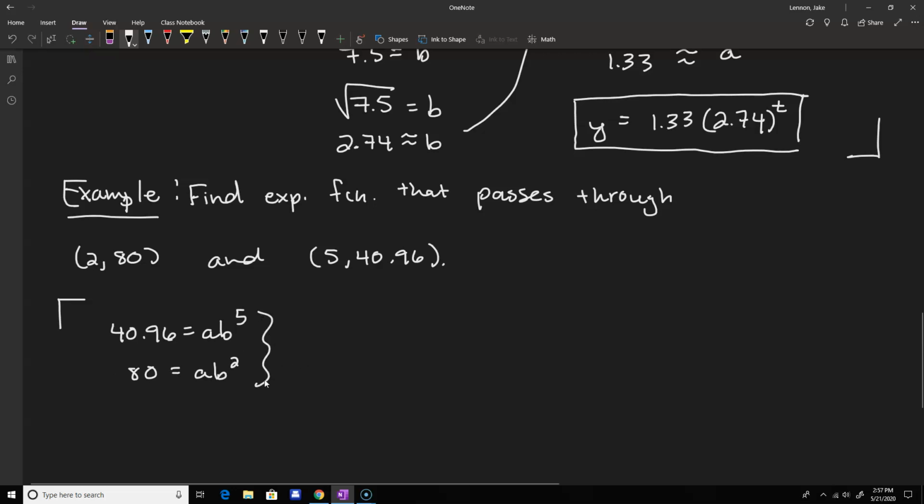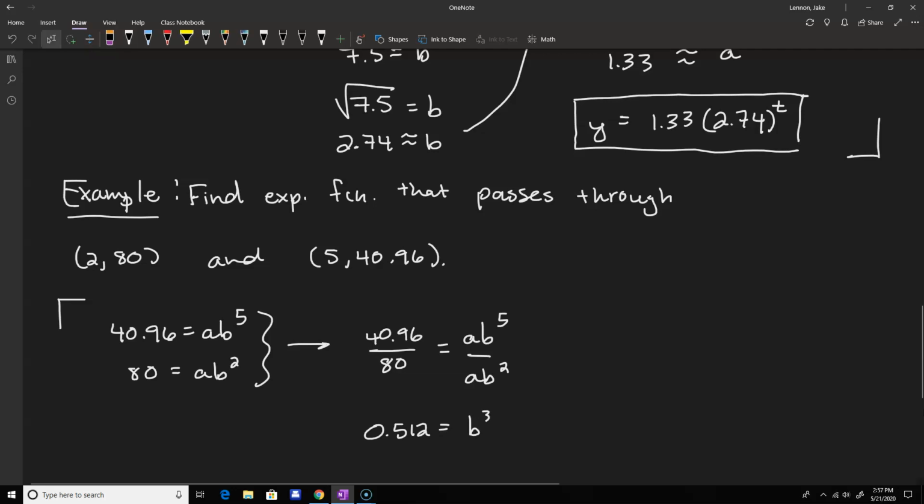So again, notice this, we can already tell that as you increase the input, the output is decreasing, which means this example is going to have to be an exponential decay example. So when we take the ratios, we end up with 40.96 over 80 equals ab to the 5th over ab squared. So this time we end up with 0.512 equals b to the 3rd power.